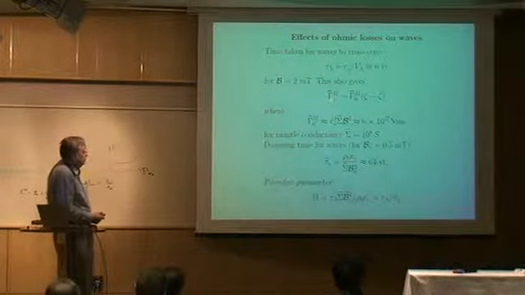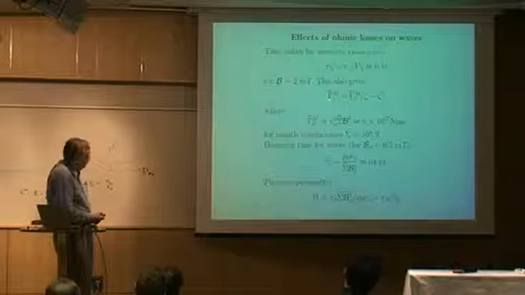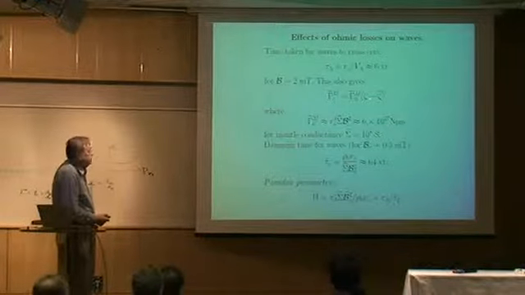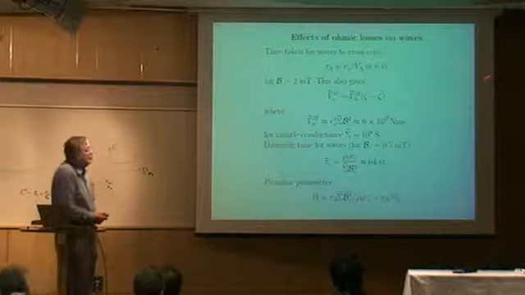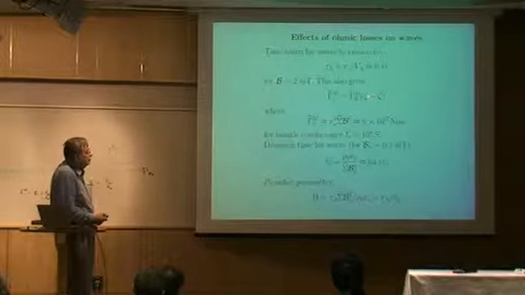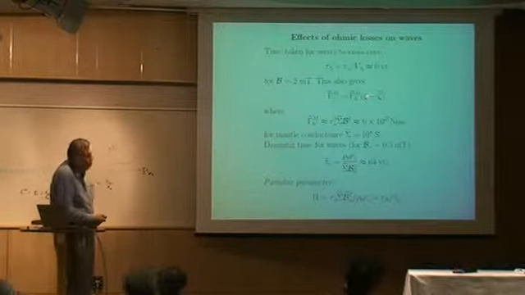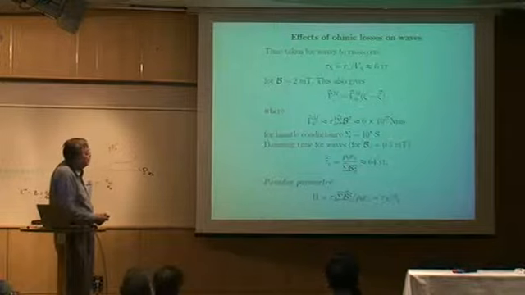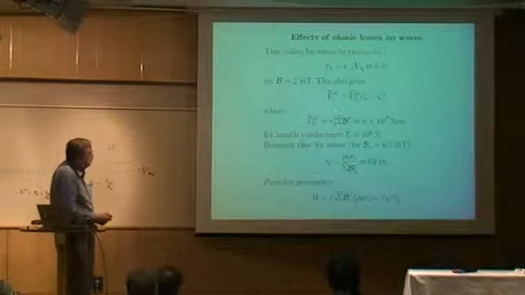This is the couple on the mantle, axial couple, and it's proportional to the difference in angular velocities of the core. It's a simple model in which the core is rotating together. And here's the angular momentum of the mantle. And this is a damping term.